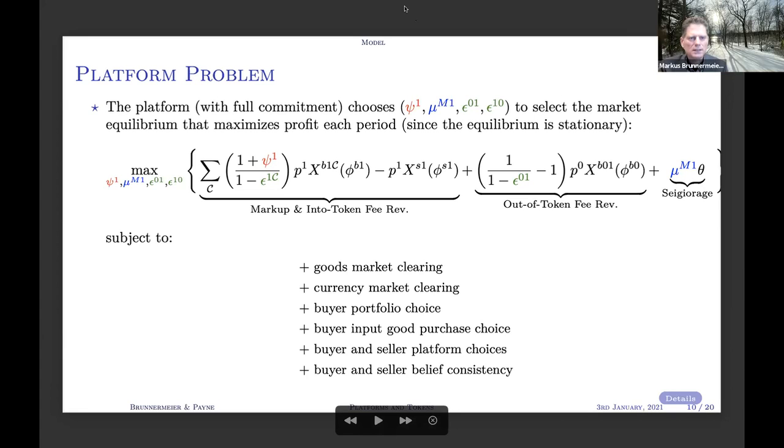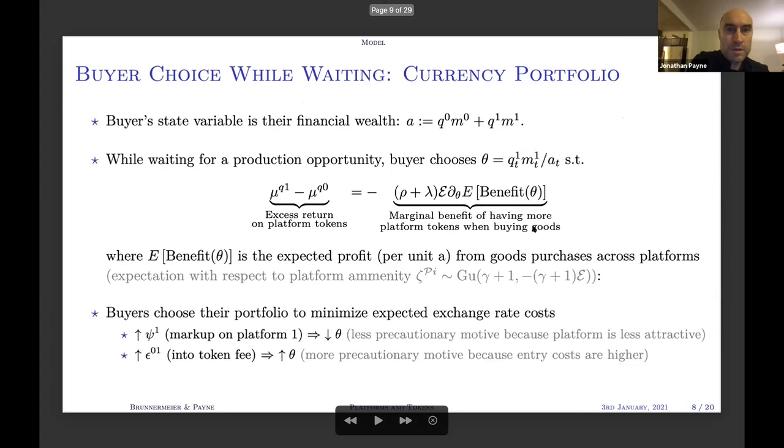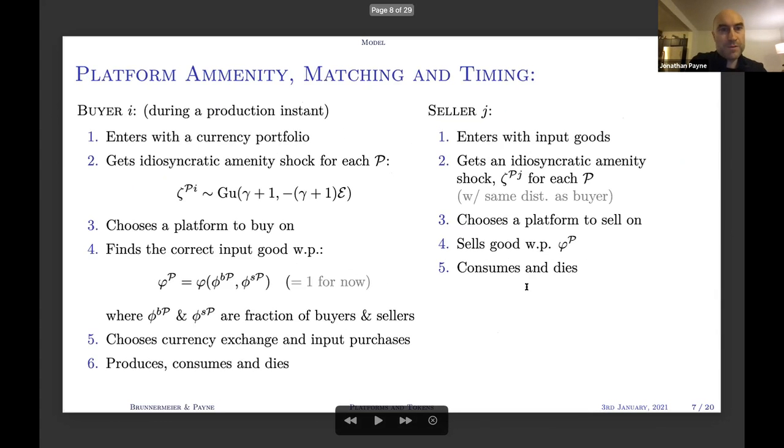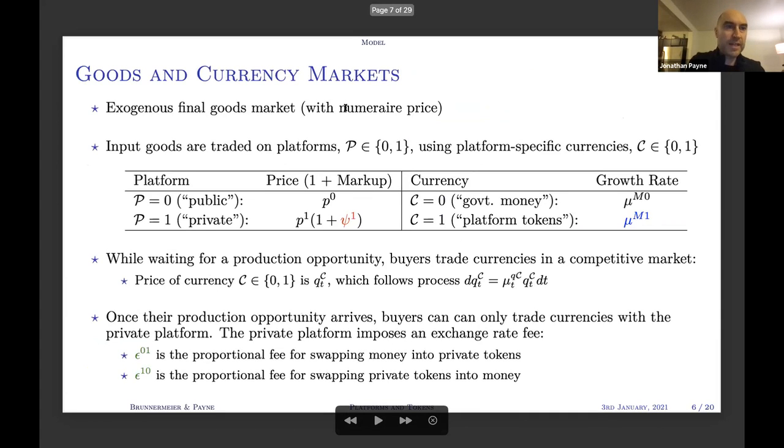There's one question in the Q&A box, and that's more a setup question. What is the reason for the platform to facilitate buying and selling intermediate goods and not final goods? That's really an assumption for convenience. I want to have a numeraire that's common across the economy.